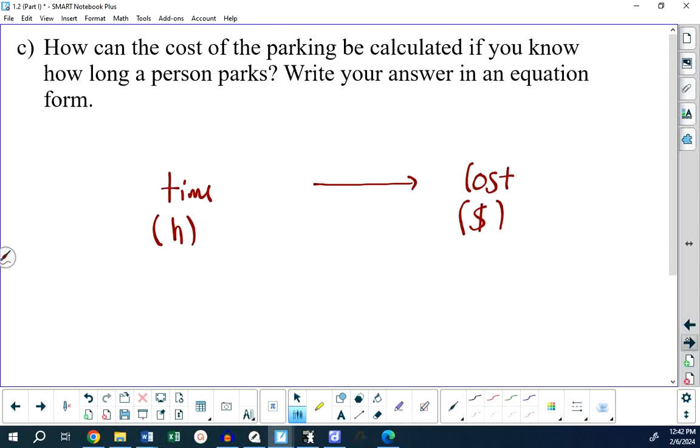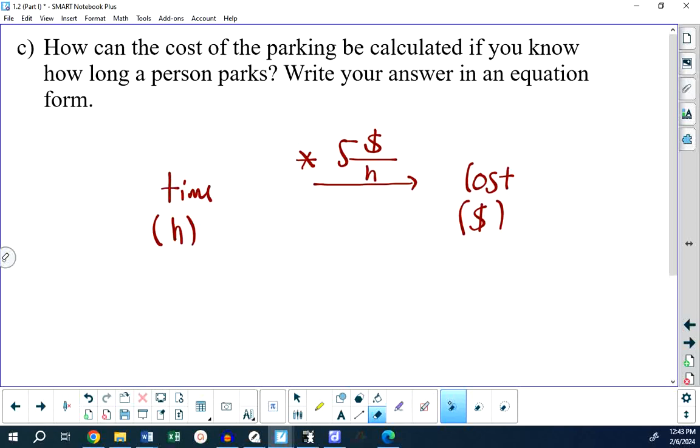$2.50. Not the number of hours times $2.50, because $2.50 is not the cost per hour, is it? How much is it per hour? Oh, per hour, okay. So it's only $2.50 for half an hour, so how much is it per hour? $5, right? So the time multiplied by $5 per hour will give you how much you pay.